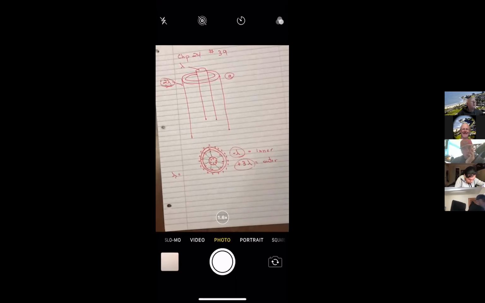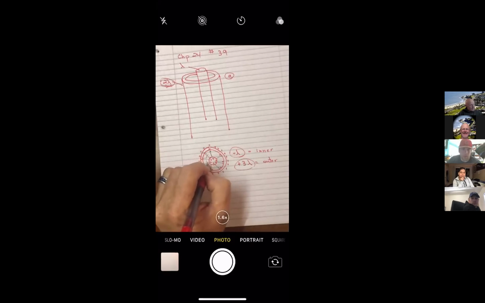All right, so that's part A. Now, the harder one is the electric field inside the cylinder, a distance r from the axis. If it's a distance r from the axis, isn't lambda the total amount of lambda needed? They're talking about this area, I believe.